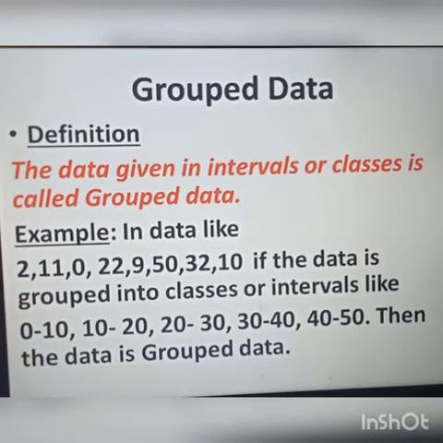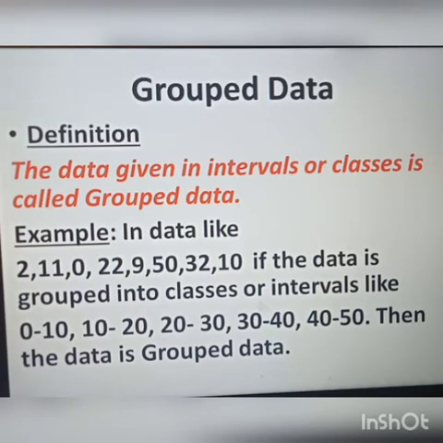Now the second type of data is grouped data. Its definition: the data given in intervals or classes is called grouped data. You will understand this definition using this given example. In data like 2, 11, 0, 22, 9, 50, 32 and 10, the data is grouped into classes or intervals.